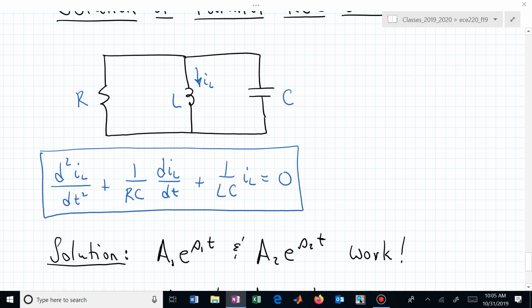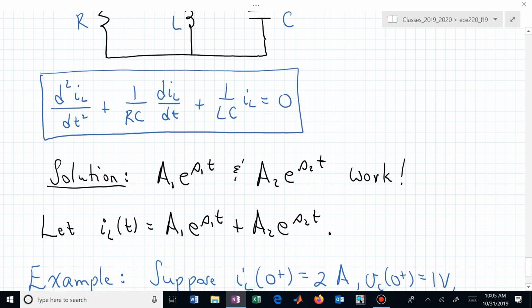Well, if they both work, let's take a linear combination. Let's just add them together and say that our current I sub L that will satisfy that second order differential equation is a linear combination of these two modes. The mode is e to the s sub 1 t, and what that mode is depends on s sub 1.